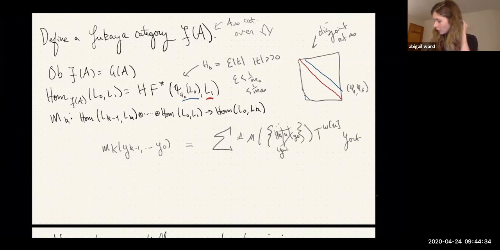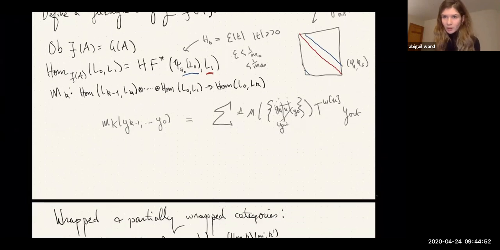So you count these J-holomorphic triangles or disks, and then you weight the output by the symplectic area of those disks. So fairly standard, except now I've twisted the boundary conditions at the ends.